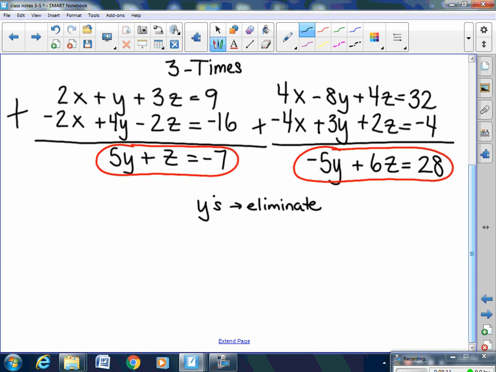So if you compare the two red ones, you're going to notice that the two y's are identical. They're opposites of each other. So I don't have to do much to the problem. I just have to put them on top of each other.